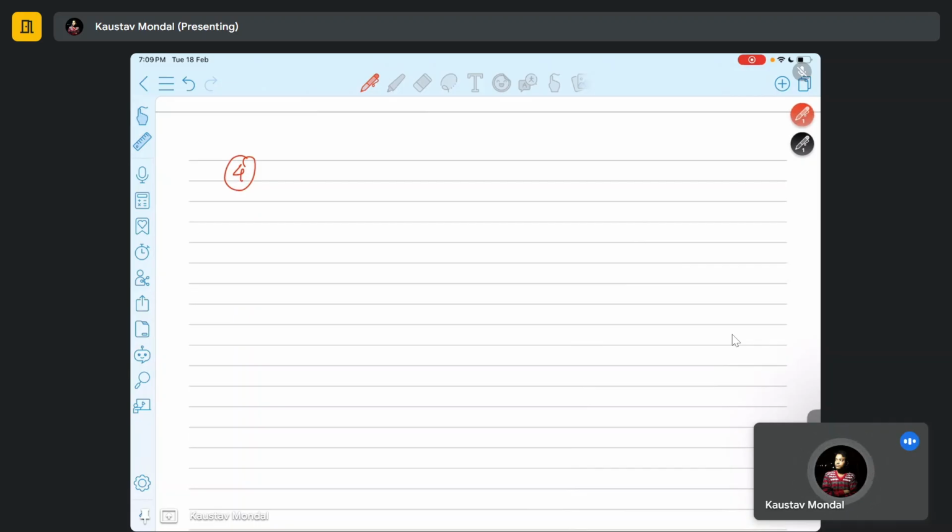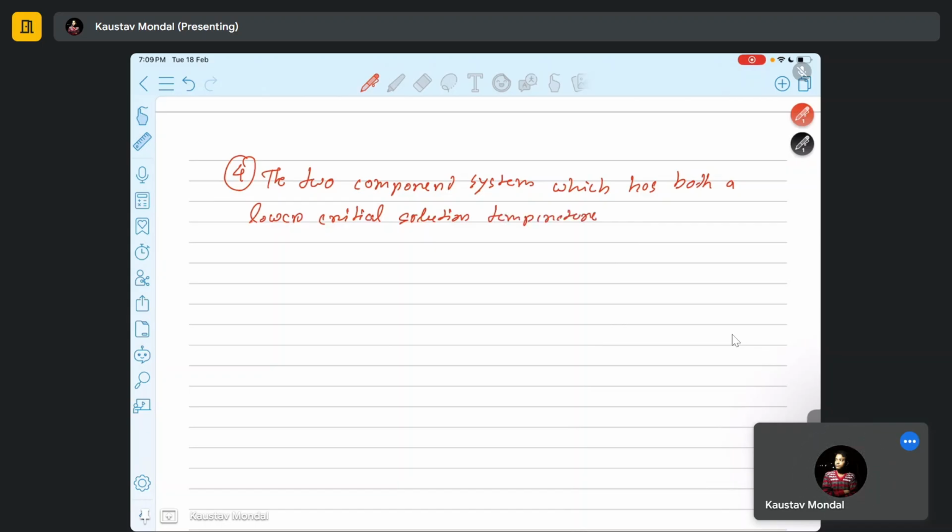So here the problem is: which two component system has both a lower critical solution temperature and an upper critical solution temperature?